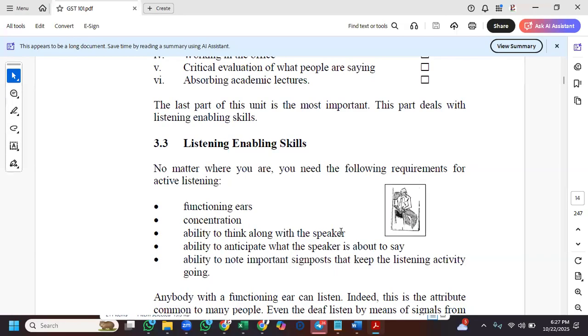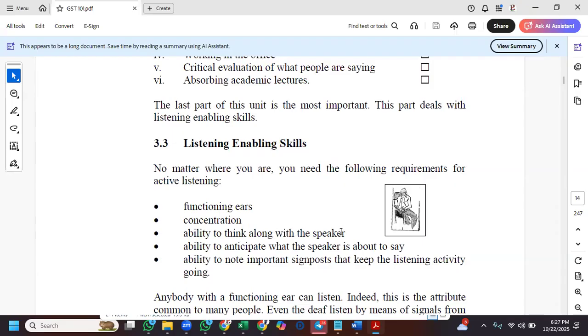When you are thinking with the speaker, you have a kind of predictive sense, like you can predict this is what this person is likely going to say, or as this thing is going, this is where it's going to lead to. As this conversation is going, this is where this conversation will lead to.